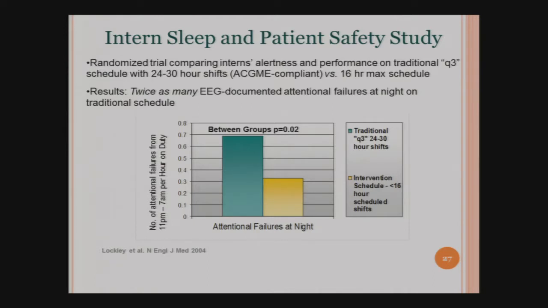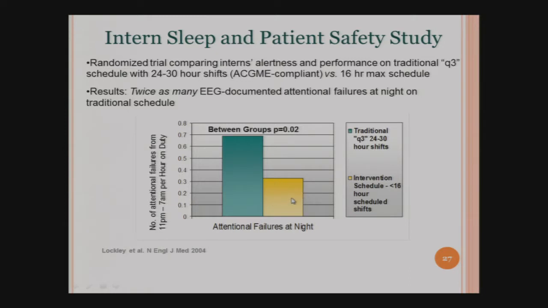Okay, so this is another attention study, and this was interns specifically. This one measured EEG readings and their attentional failures depending on how much sleep they got. In the green group are interns who had a traditional Q3 24 to 30 hour shift.